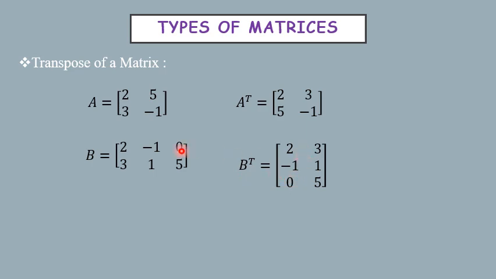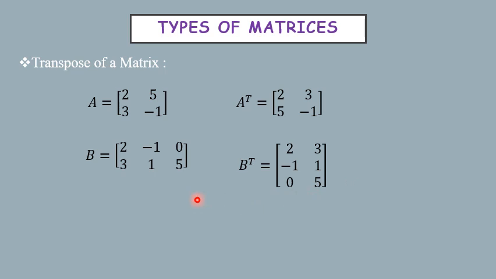Now here first row 2 minus 1 0 becomes first column 2 minus 1 0, and the second row 3 1 5 becomes the second column 3 1 5. Here the order of matrix B is 2 by 3 and the order of its transpose is 3 by 2 because we are interchanging rows and columns.